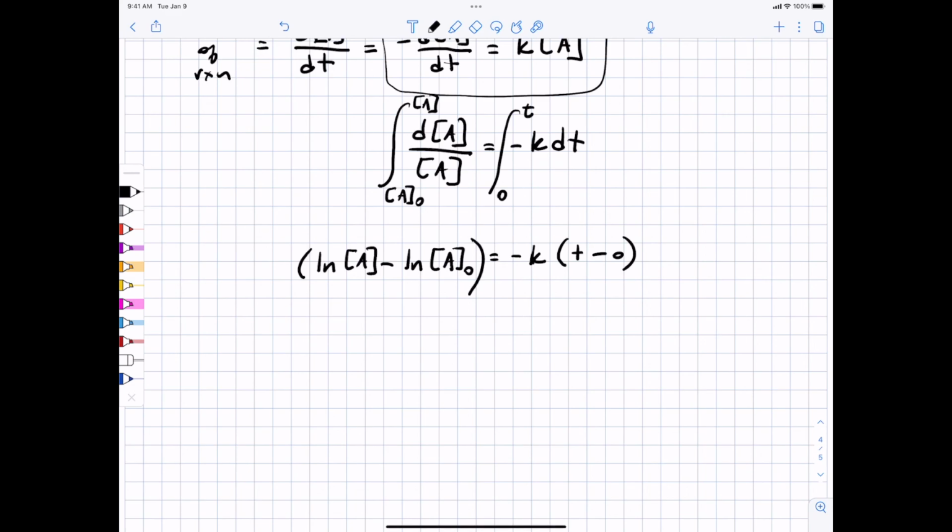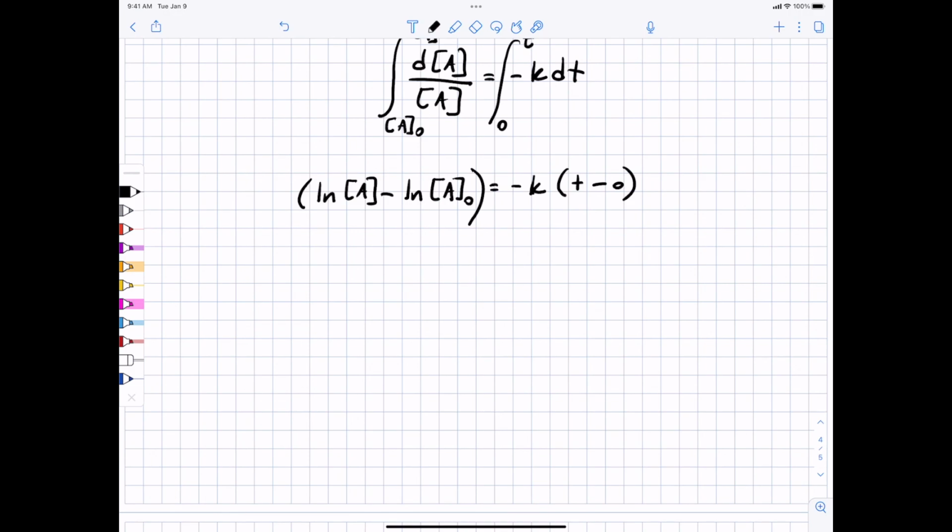All right, and then we get just a little bit lazy because we don't like natural logarithms. So we're going to use a quick property of natural logarithms, of logarithms in general. The difference between two logarithms is the same as the logarithm of the ratio of those two numbers.